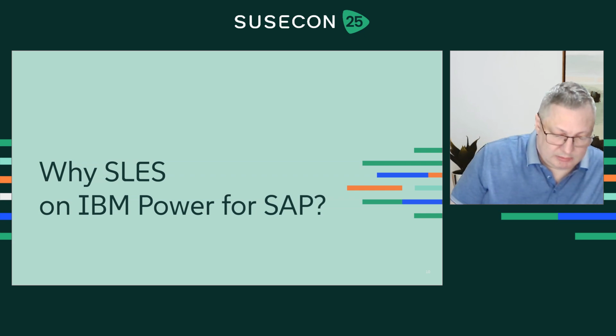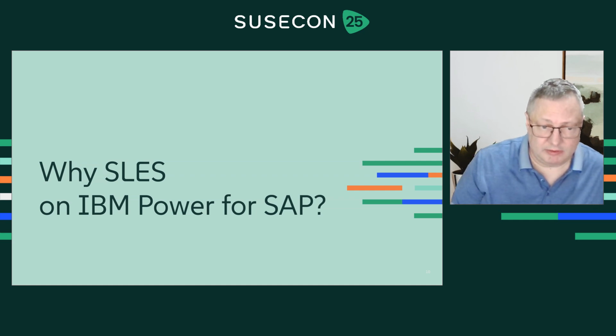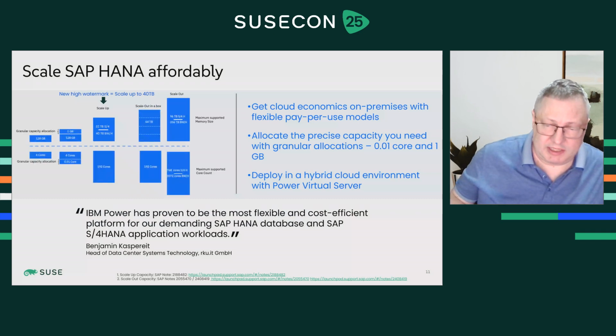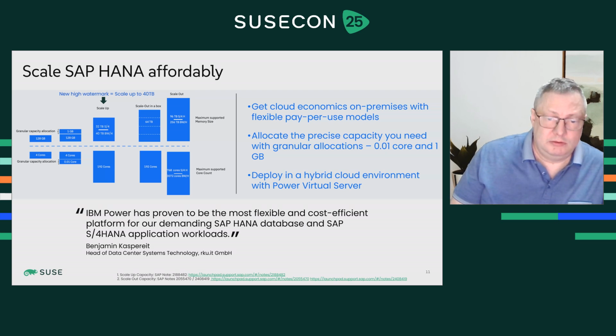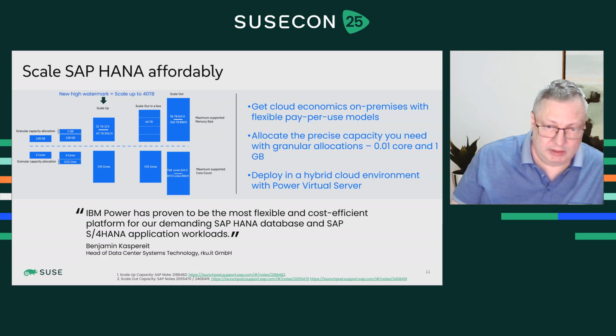So let's look at some of the other reasons why the combination of SLES and IBM Power is a good environment for SAP. First, scaling up. Scaling up is the ability, again, to increase the size of your SAP environment, more compute, more memory within the same system, and in a way that is certified by SAP, of course.